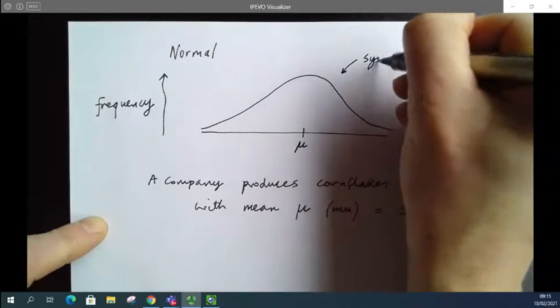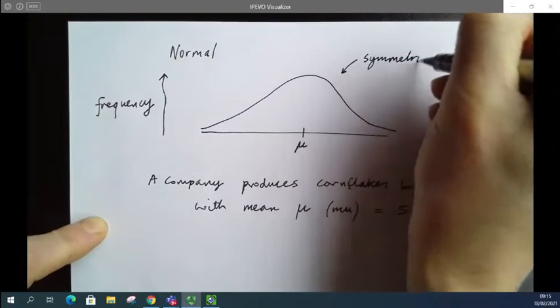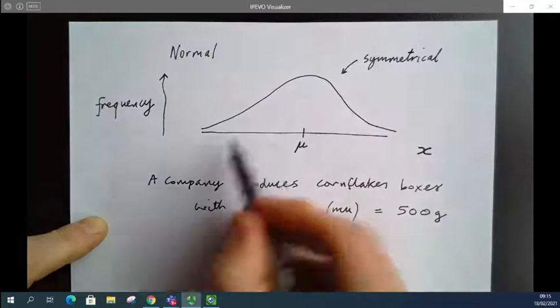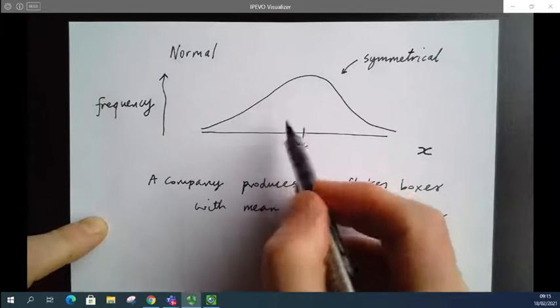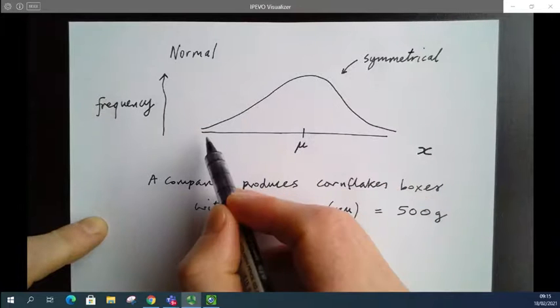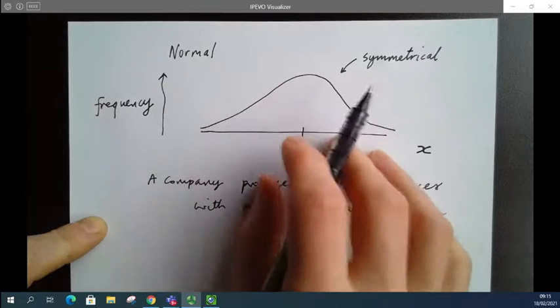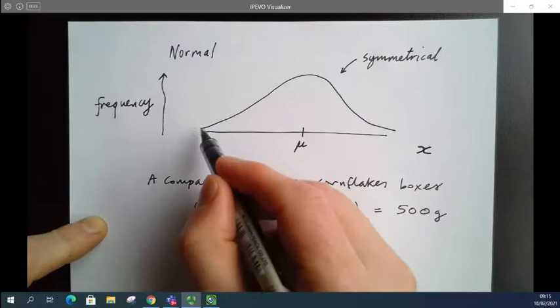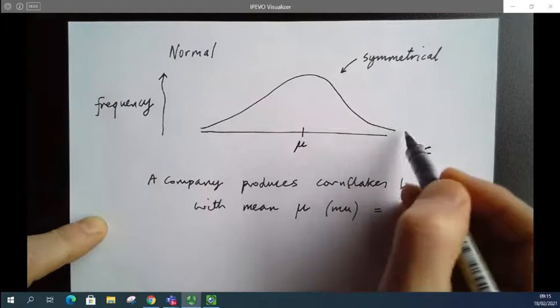It's symmetrical about the mean. So what that means is the company tries to make all the cornflakes boxes around the mean, but some of them will be a little bit too light and some of them will be a little bit too heavy. But the frequency gets much less when you get too low and too high.